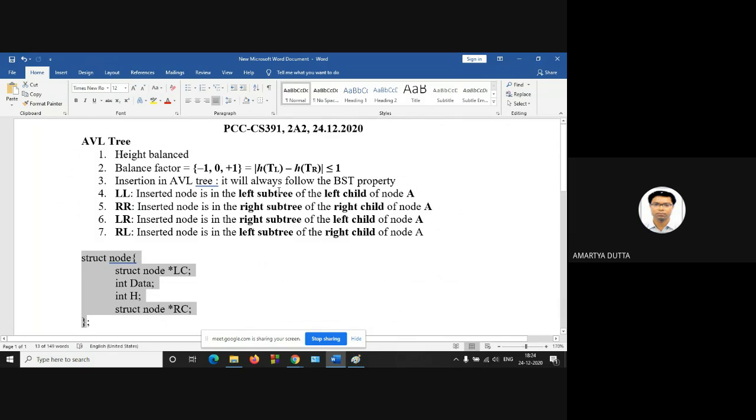Then using that function, you have to calculate the height of every node so that appropriate rotations can be applied. So AVL insertion is enough for your course. You have to implement the AVL tree.